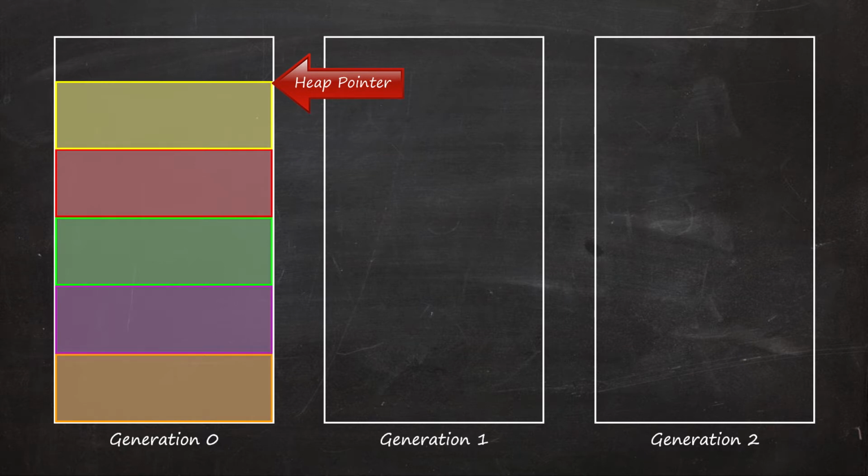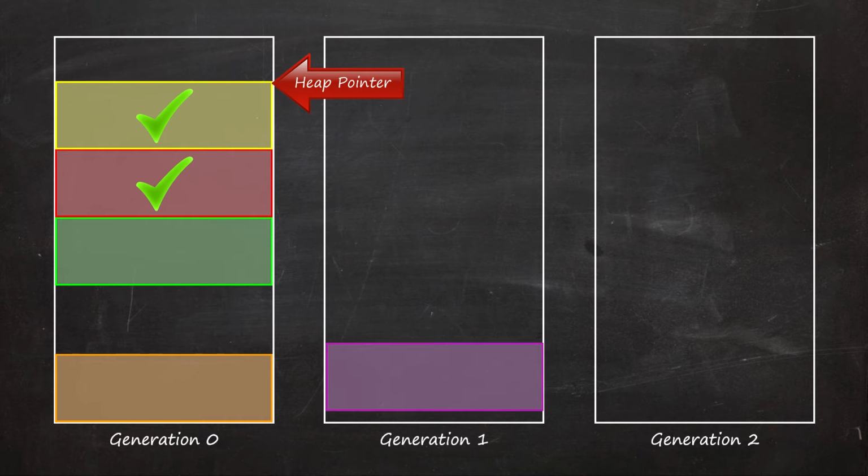Then when the 0 generation heap starts to get close to full, so when the garbage collector decides to kick in, it does this process of marking, so some of those objects will be ticked. And then after it's marked them, rather than having to explicitly delete the unmarked objects, it simply moves the marked objects over from the Generation 0 heap to the Generation 1 heap.